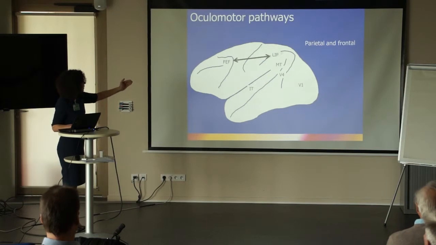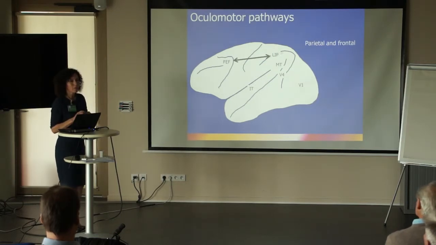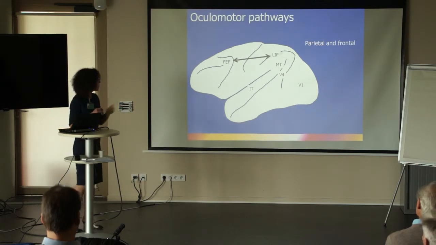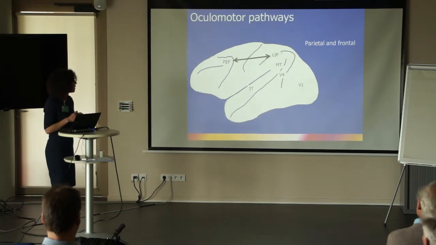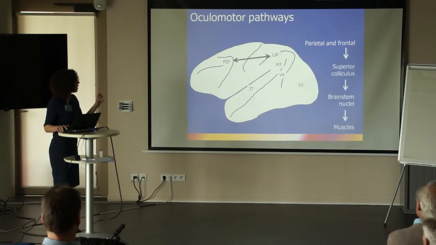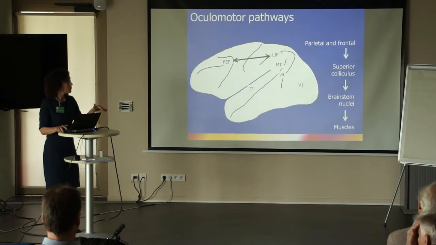And eventually the signals come to two areas that we know are important for eye movements. One is the lateral intraparietal area, LIP, in the parietal cortex. The other is the frontal eye field, in the frontal lobe. These areas are strongly interconnected with each other, and they send descending projections to the superior colliculus, which eventually drives brainstem oculomotor nuclei and eventually moves the eye.